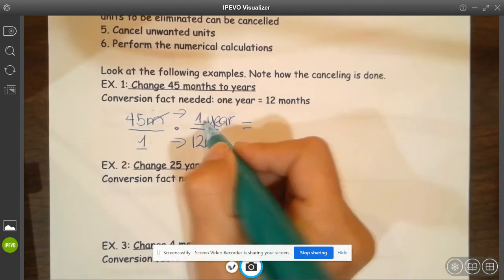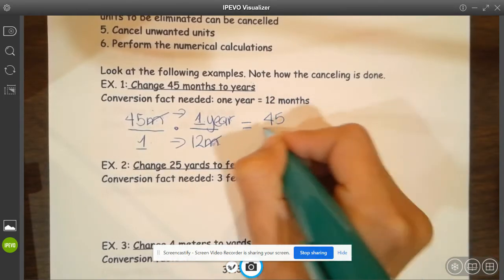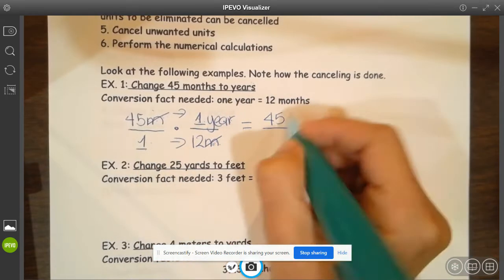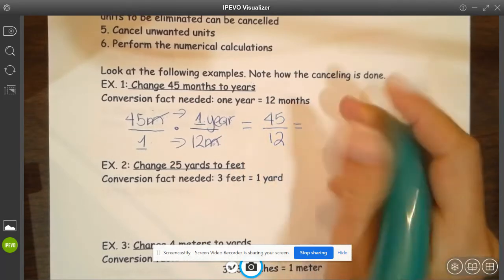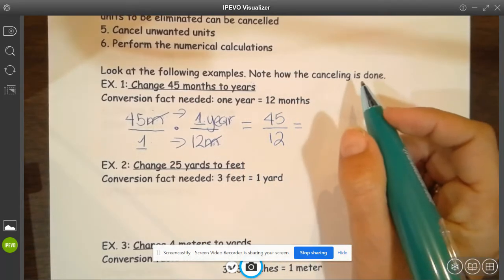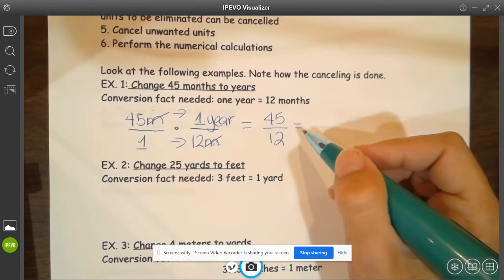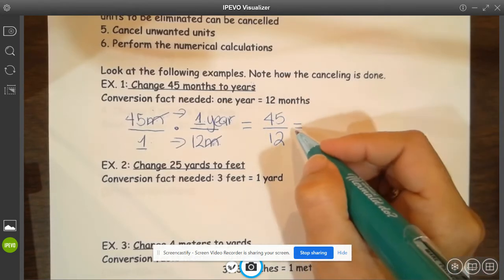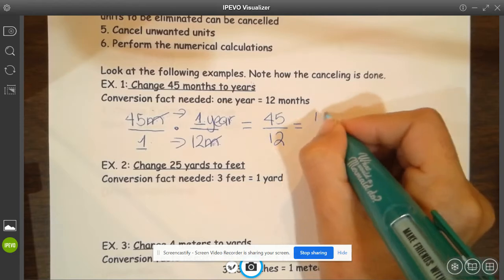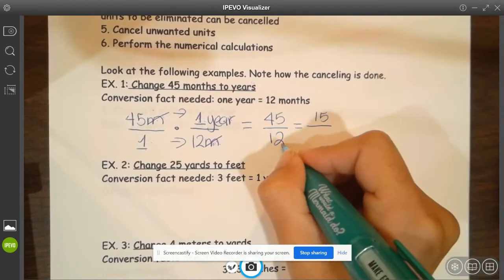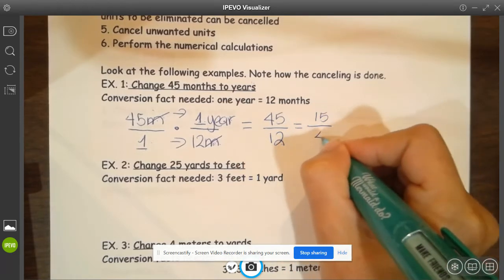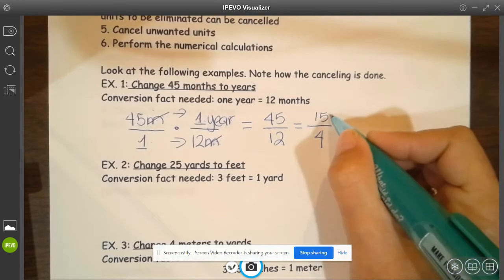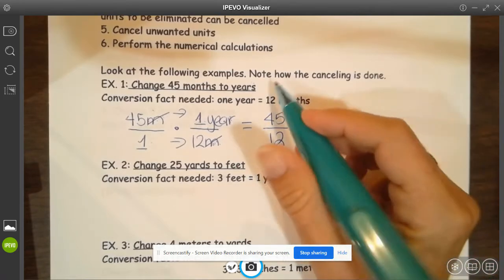So that's 45 times 1, that's 45, over 1 times 12, which is 12. And then now, in this case, we can divide by 3 or something like that to get it smaller. So that would be 15, if we divide by 3, 15 over 4. Right? And then we can just divide to find out how many years.